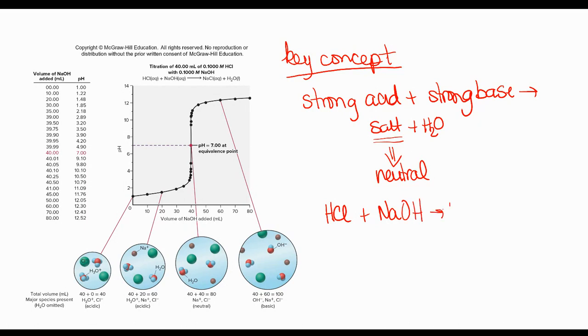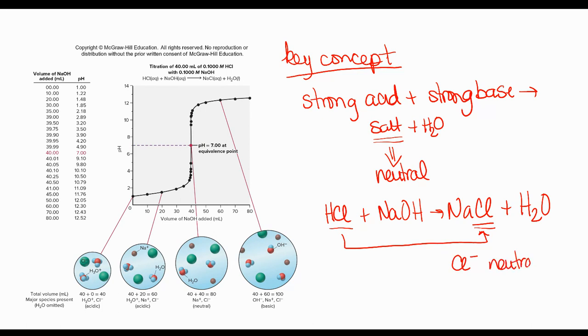The salt that you make in this example will be sodium chloride. So the conjugate base is always the conjugate of the strong acid. And the conjugate base of a strong acid is neutral. So always in their titration curves and calculations, the pH at equivalence will be 7.